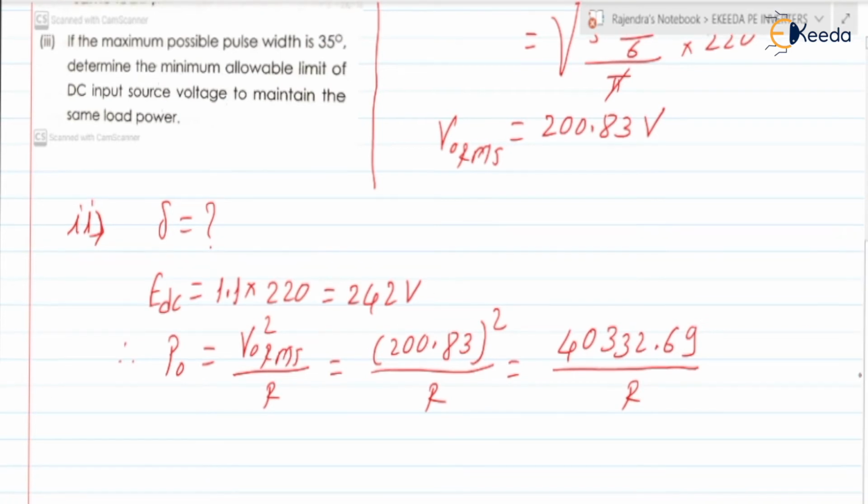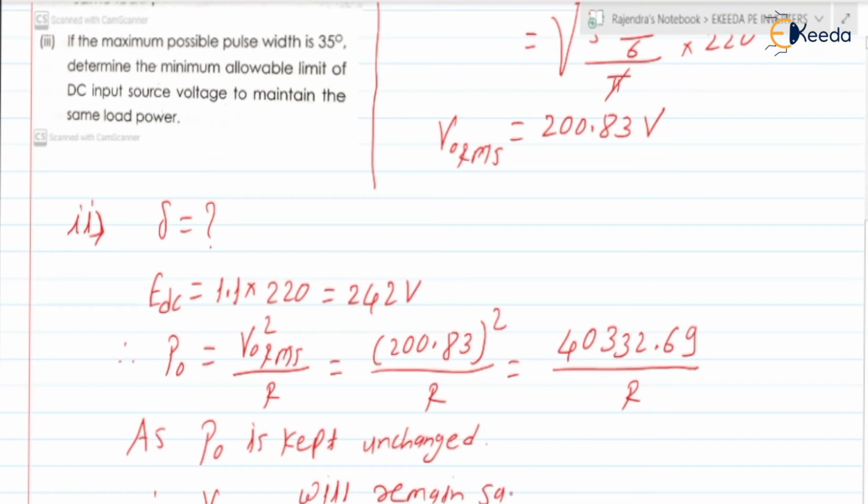As P0 is constant, kept unchanged, therefore V0 RMS will remain the same.